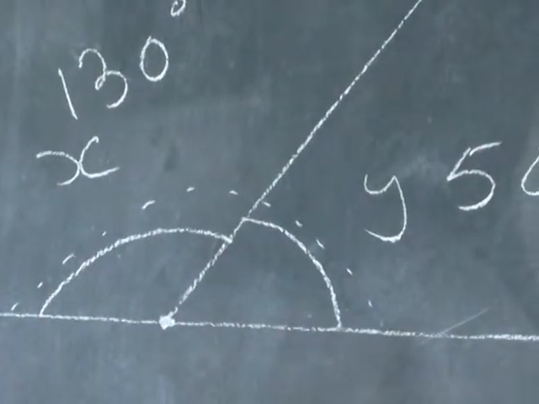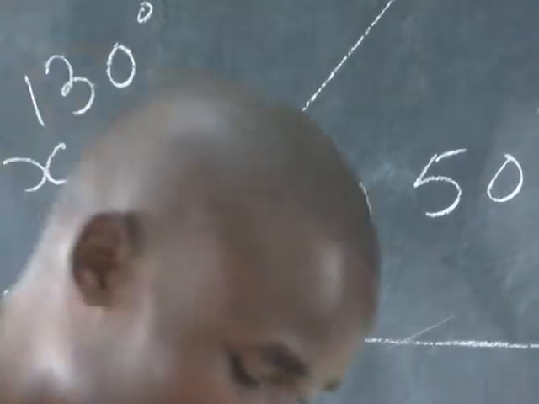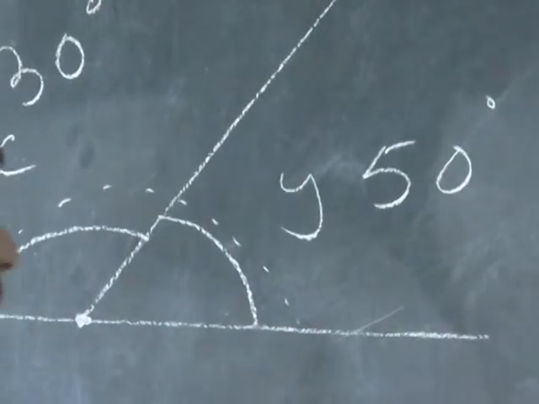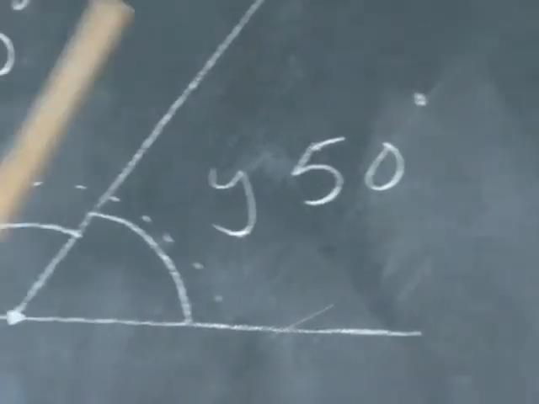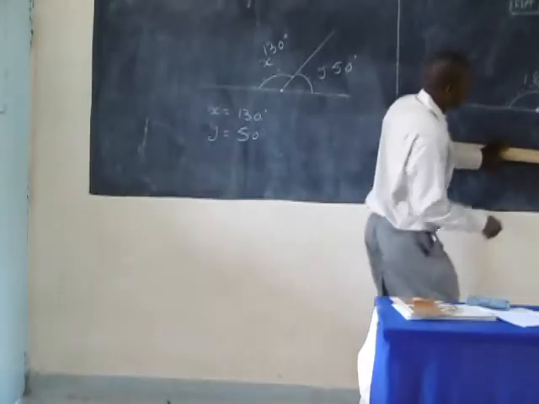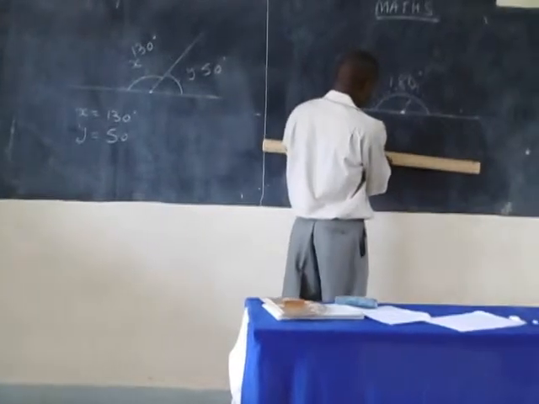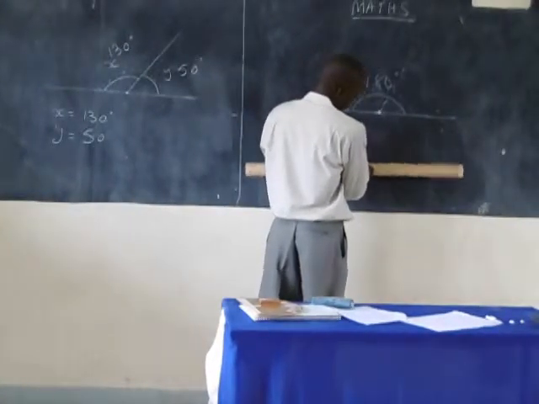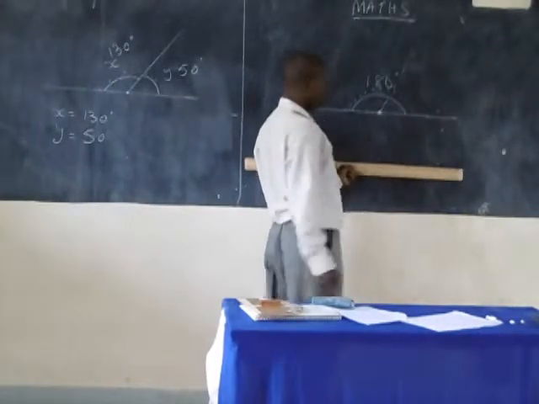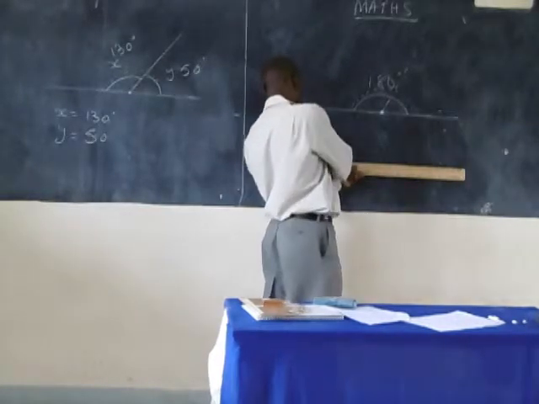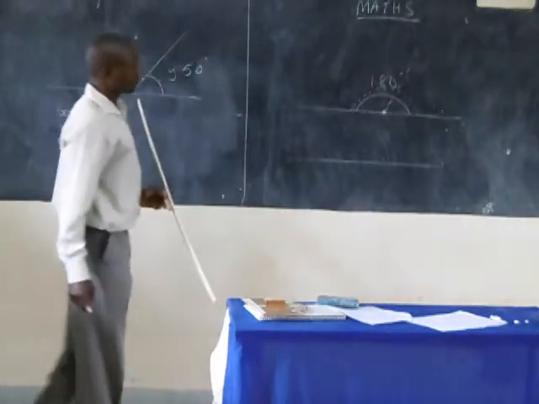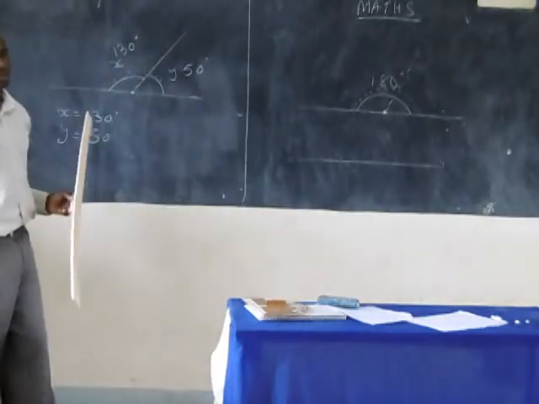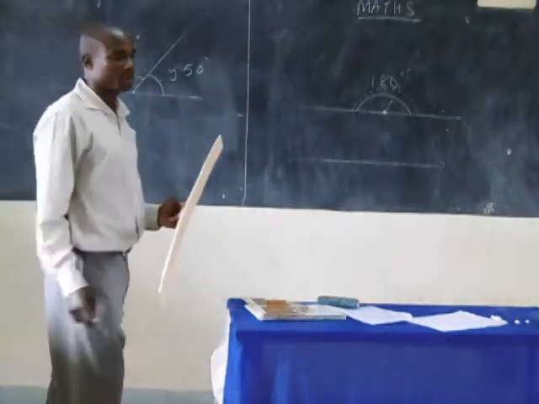Are we together? I want you to draw one. Take your ruler. Place it somewhere in your exercise book. Have you placed this nicely? Draw a line.